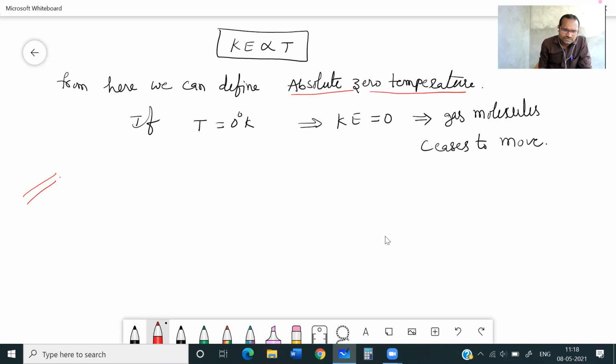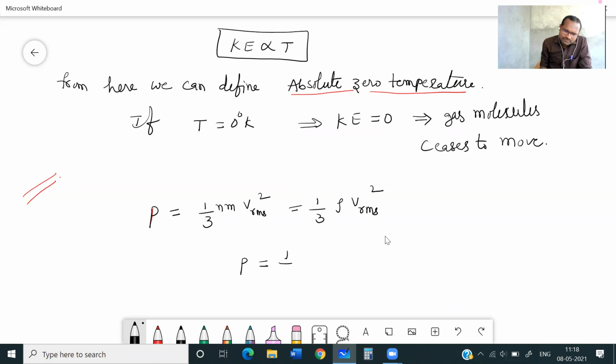See, as we know, pressure exerted by the gas is equal to 1 by 3 m n VRMS square. Correct? Means it can be written as 1 by 3 rho VRMS square. What is rho? Mass of total gas upon volume.